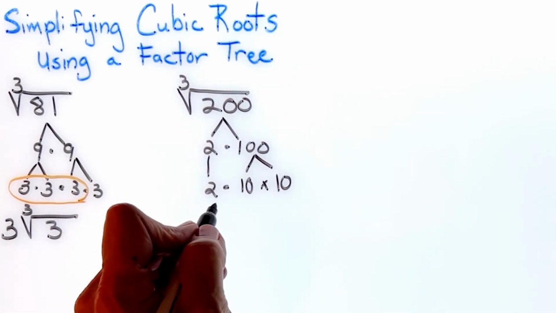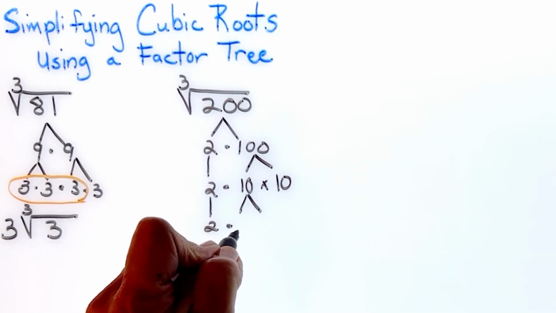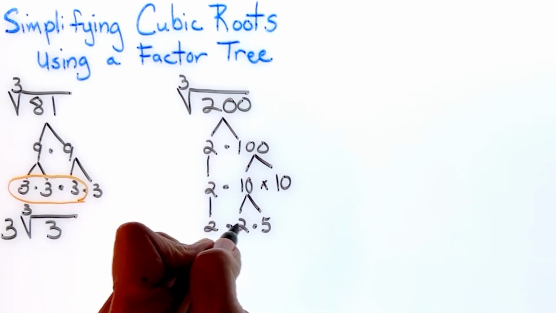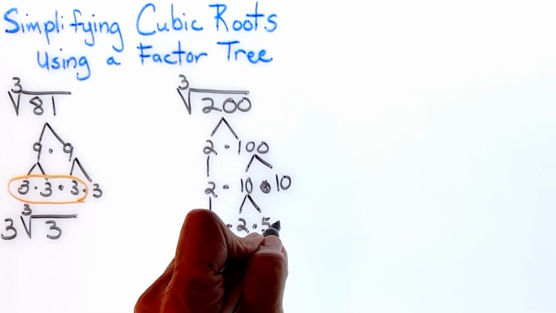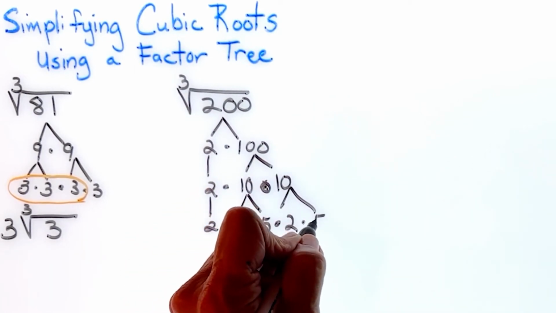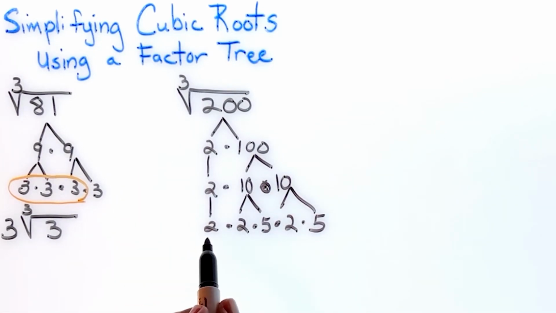Remember, we're not done with our factor tree until all of our factors are prime numbers. And so 2 times 5 there. So I see now that every number is prime down below.